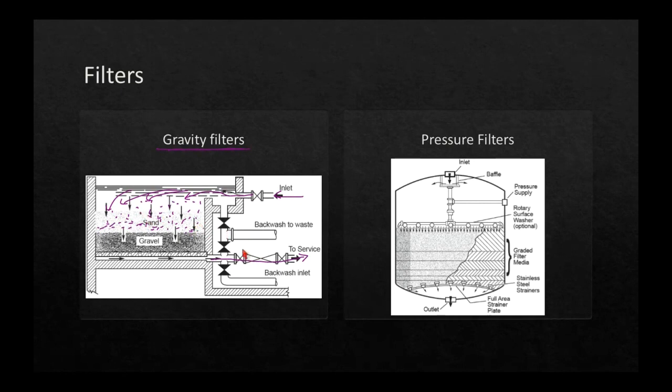So we close our service inlet, close our service outlet, open our backwash outlet, and open our backwash inlet, and now we reverse the flow and expand the bed. As the bed expands, the particles move apart and allow the dirt and debris to flow out this way.